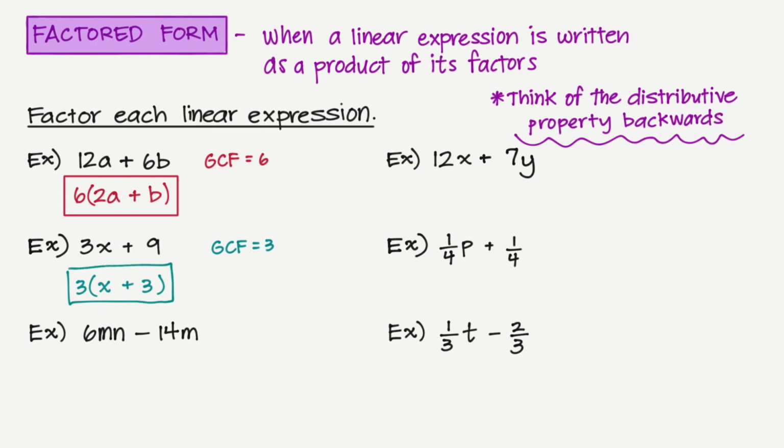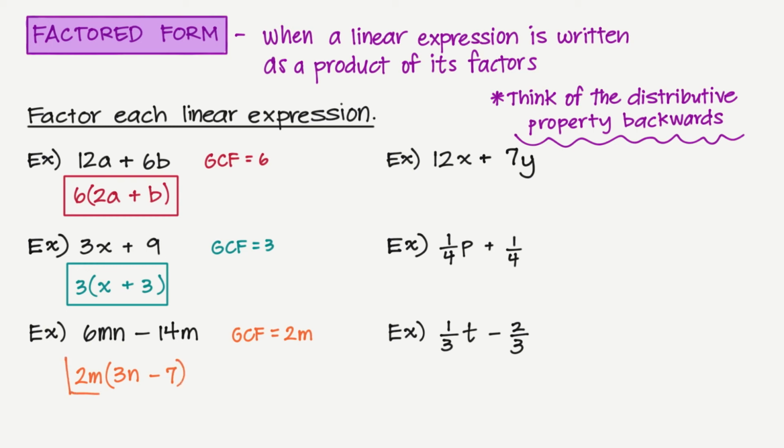All right, our next example is 6mn minus 14m. So the number that they have in common, the greatest, would be just 2. And they also have an m in common. So I'm going to factor out 2m. And when I do that, I'm left with 3n minus 7. And that's it.